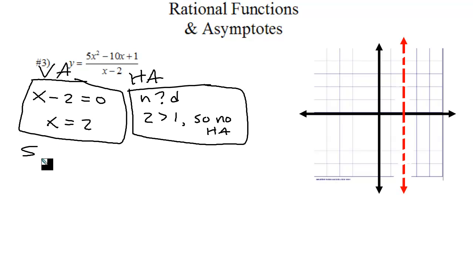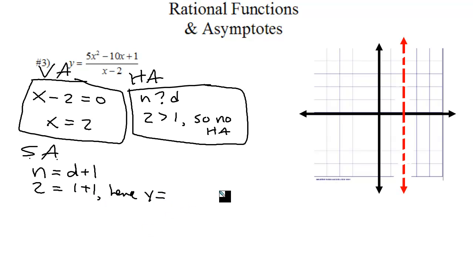Determine if there's a slant. We have to show that n is exactly d plus 1. n is 2, d is 1, 2 equals 1 plus 1. So we have a slant at y equals something.